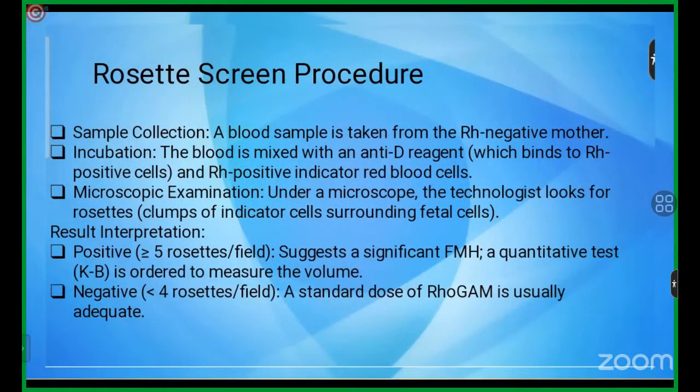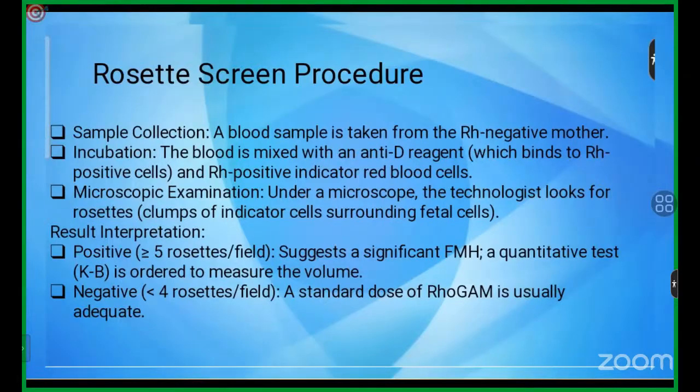Now, we start with sample collection. Blood is usually taken from the RhD negative mother. Then we incubate this blood sample, and then we mix with the anti-D, which binds to Rh positive cells, and Rh positive indicator cells are applied.